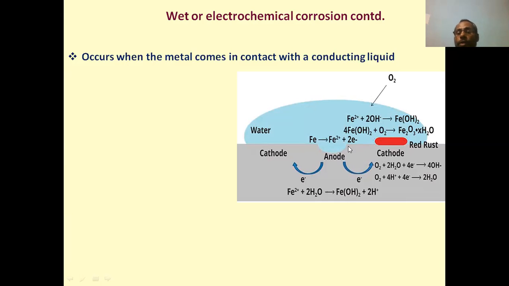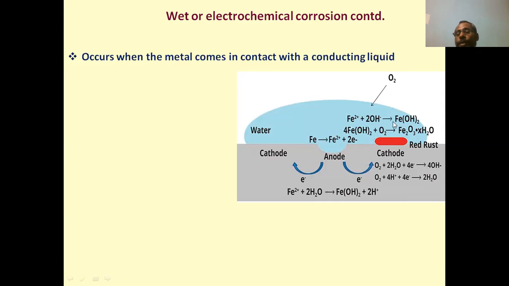Now the electrons produced at the anode move to the cathode, and once the electrons reach the cathode, they react with oxygen gas and water present in the electrolyte and give rise to hydroxyl ions, right? Now this hydroxyl ion at the cathode and the metal ion at the anode combine and give rise to iron hydroxide.